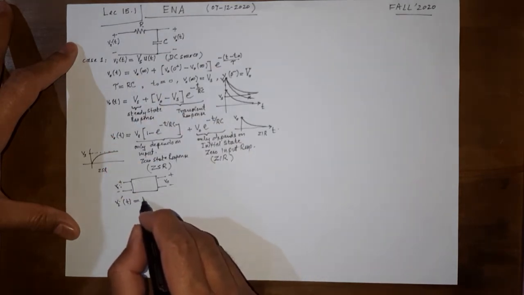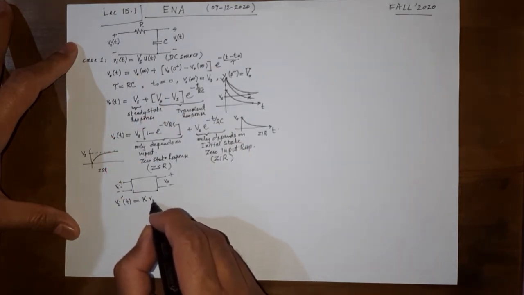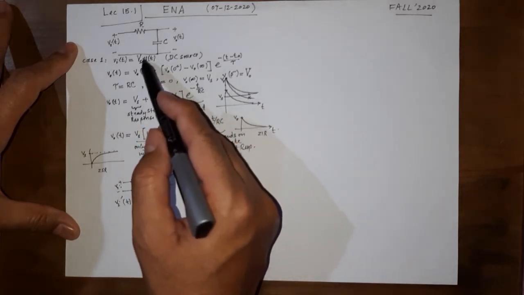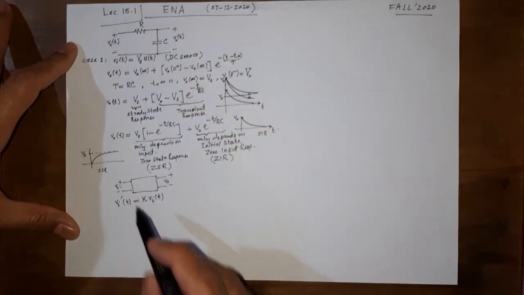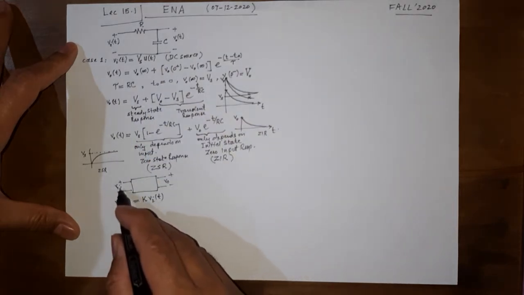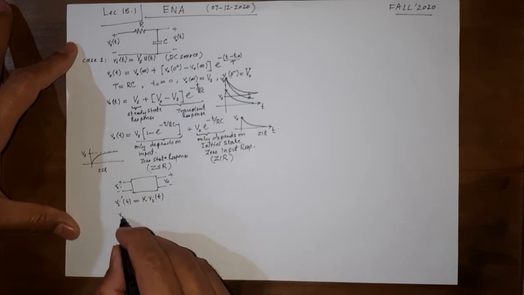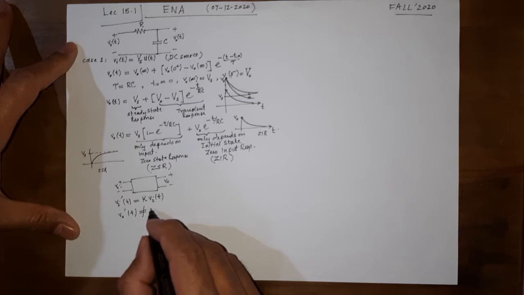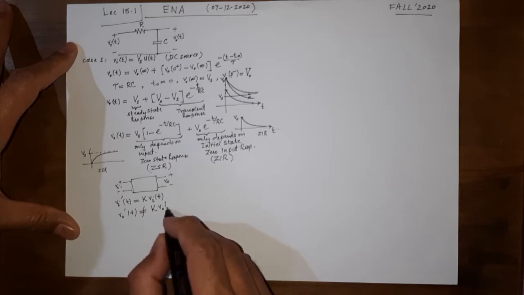Suppose it is some constant K multiplied by the previous Vi(t). This is the previous Vi(t), and suppose it is multiplied by some constant, say 2, say 3, and we now apply this here. Then V0'(t) would not be K times the previous output.